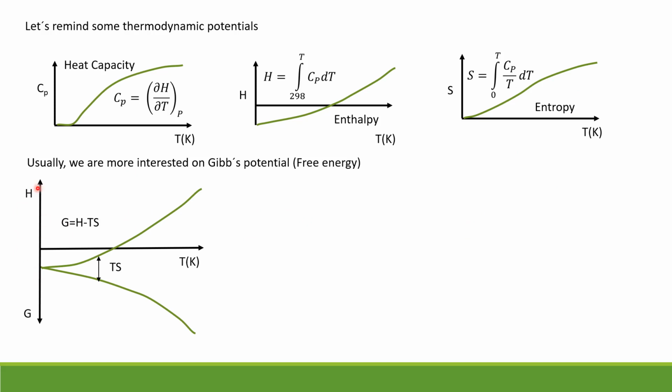That's represented here: here's the enthalpy, here's the free energy, and here's the difference, temperature times entropy. And of course, if you consider the slopes, the slope of the enthalpy is the heat capacity, and the slope of the Gibbs function is minus entropy.